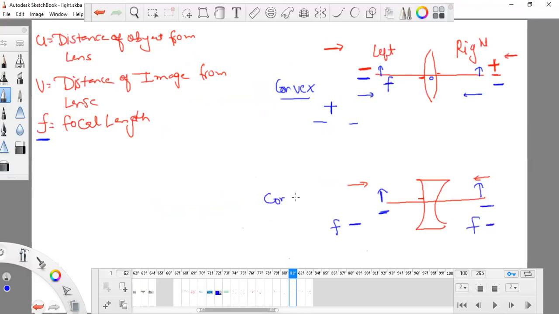So a concave lens has a negative focal length, whether you take it from the left side or the right side. We follow the signs, positive or negative, depending upon whether it is located at the left or right side, for both convex and concave. But the focal length should be positive here and negative here.